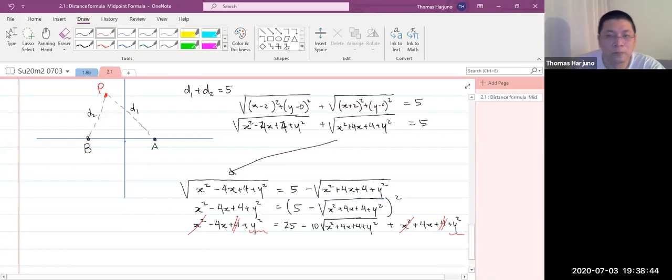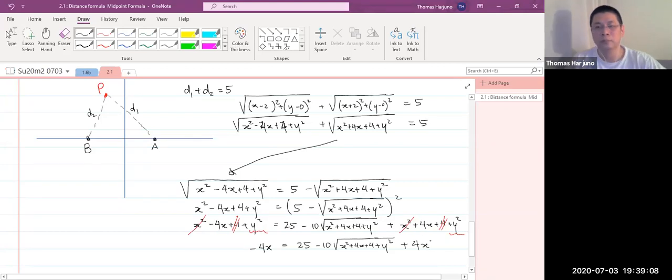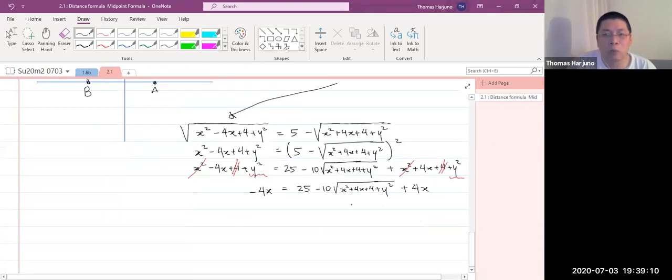Okay, let me rewrite it first so that we have a better view. Negative 4x equals 25 minus 10 radical x squared plus 4x plus 4 plus y squared plus 4x. Now what I will do next is move this guy here because it is a negative term, right?